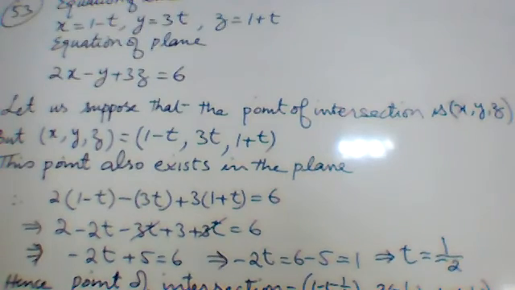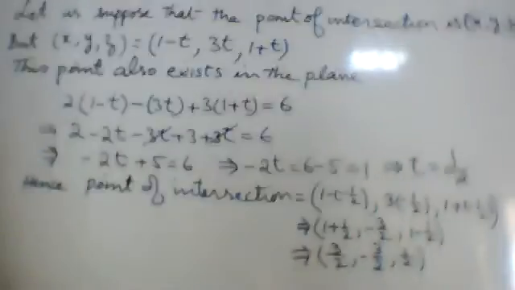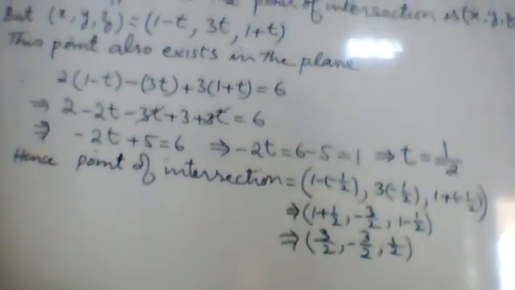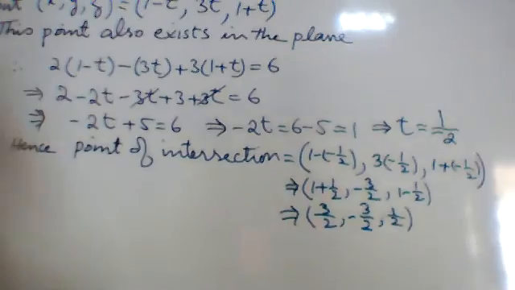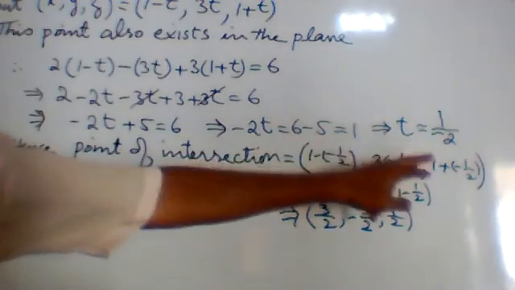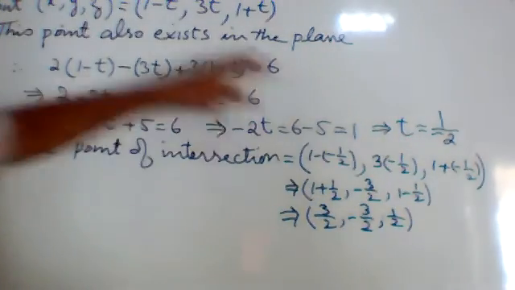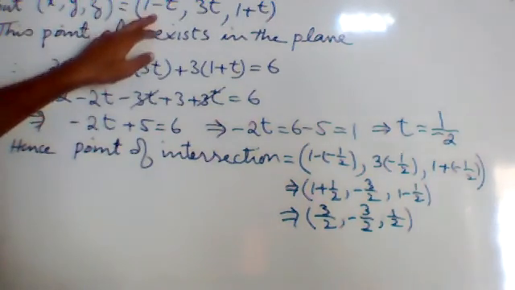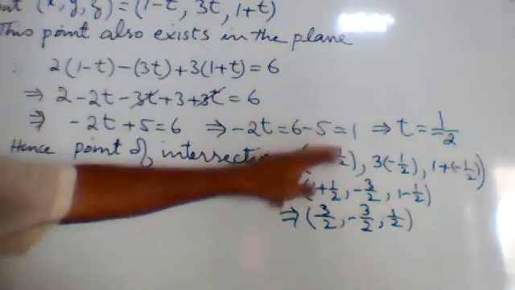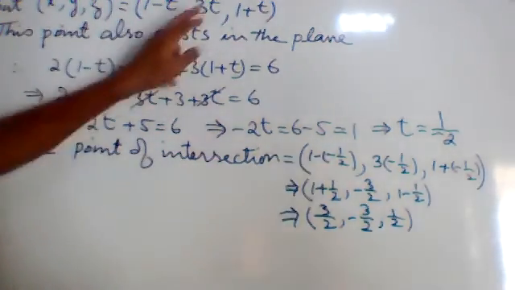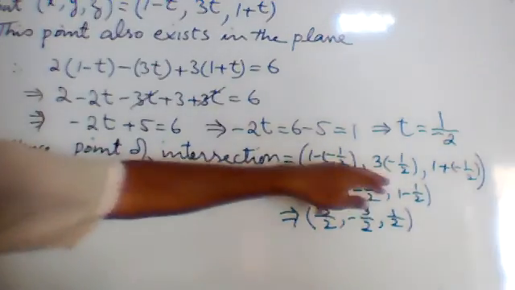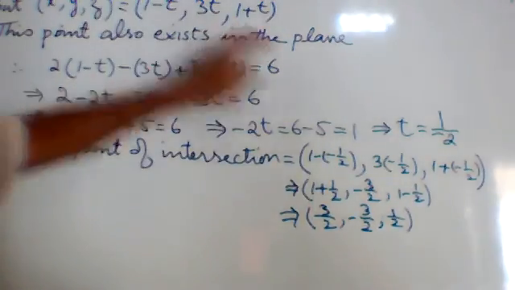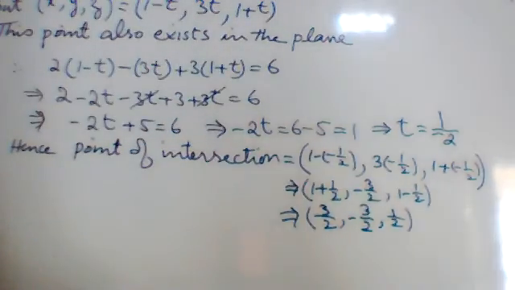That value of t, equal to minus 1 upon 2, is substituted in our original point. That was 1 minus t. So 1 minus minus 1 over 2, comma 3t, 3 into minus 1 over 2, comma 1 plus t, 1 plus minus 1 over 2.